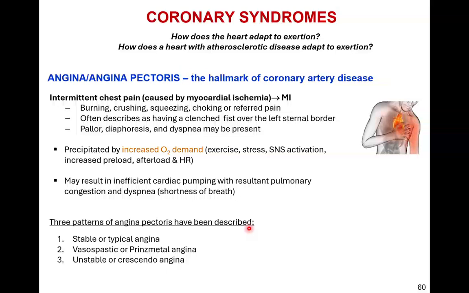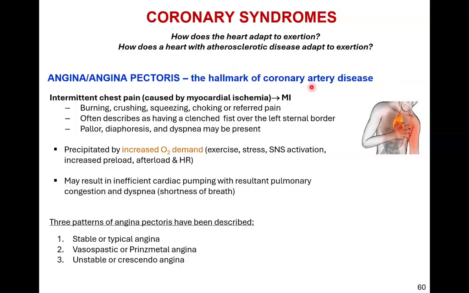How does the heart adapt to that? The size of the lumen is already smaller. Oftentimes in the areas of the plaque, it's stenotic, so it can't dilate to increase blood flow. So then what happens in that case?